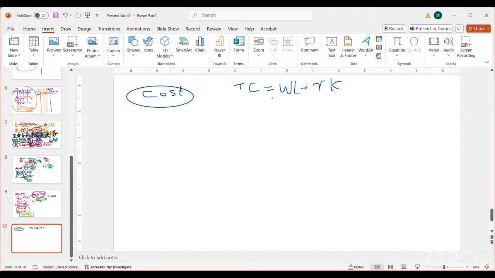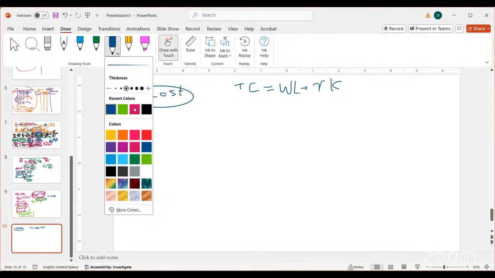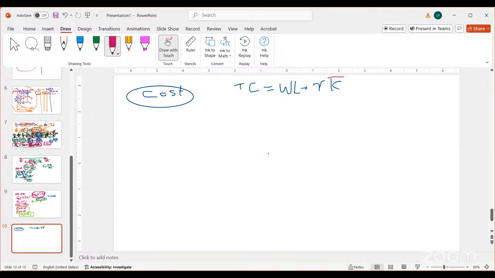Now here the short run and the long run. If you look at the short run, at least one input is kept constant, let's say the capital, and definitely the market given R and W is also given.